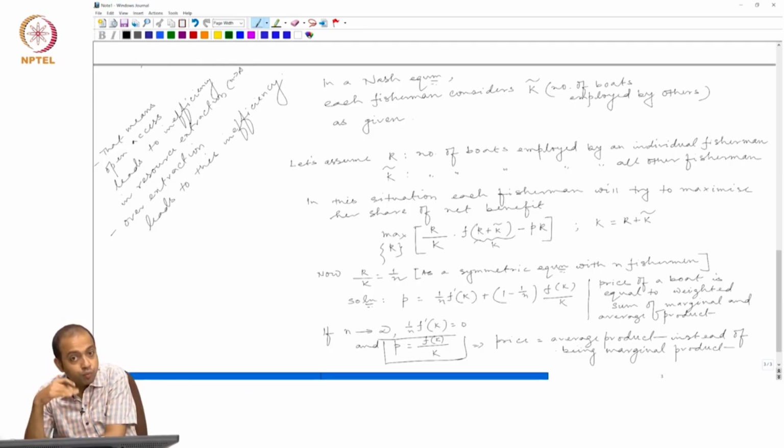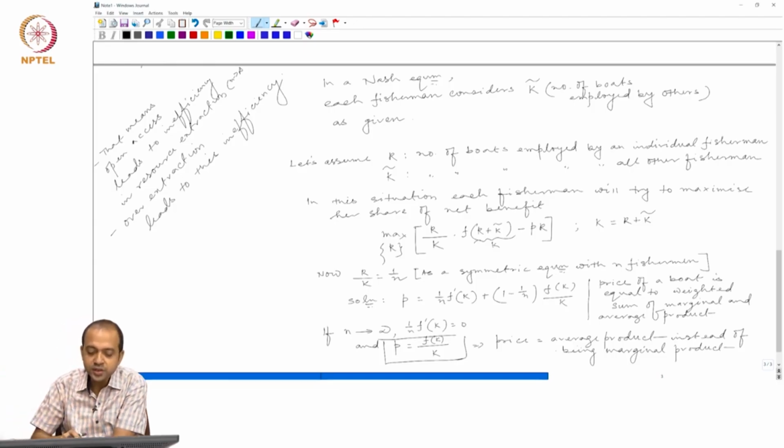So, the number of boats or rate of extraction of a particular fisherman is always decided by keeping other strategies as given. So, when others are employing too many boats, when others are extracting at a faster rate, it is better for the single individual, for the individual fisherman also to increase his or her rate of extraction. And that is what is happening here.